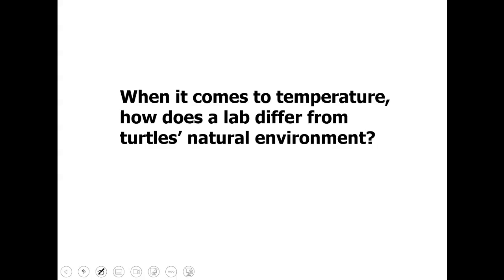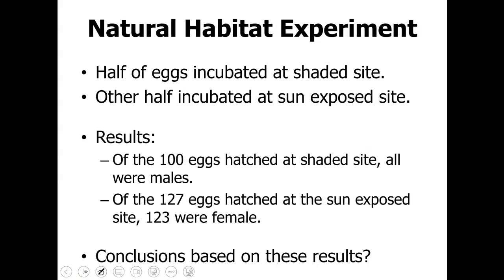When it comes to temperature, how does a lab differ from turtles' natural environments? Looking at the natural habitat experiment, half of the eggs are incubated at a shaded site. The other half are incubated at a sun-exposed site. Of the 100 eggs hatched at the shaded site, all were males.